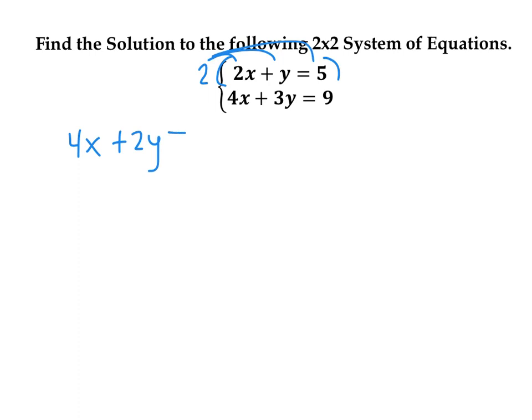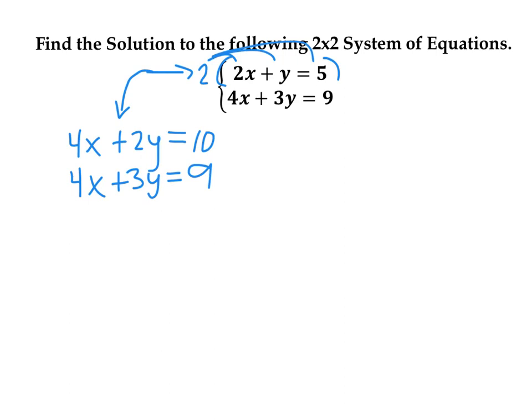And 2 times 5 equals 10. All I did is I rewrote this first equation, and I multiplied everything times 2. I doubled the value of everything. And then I'm going to copy down the second equation right underneath it: 4x plus 3y equals 9.